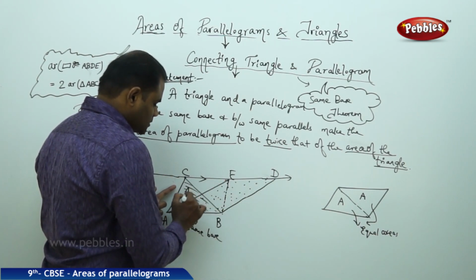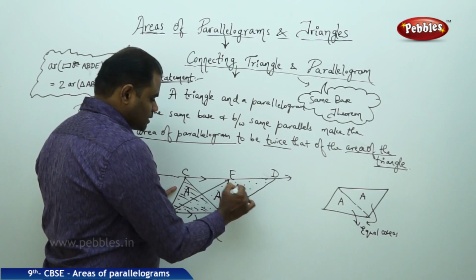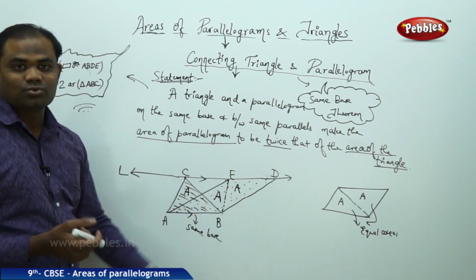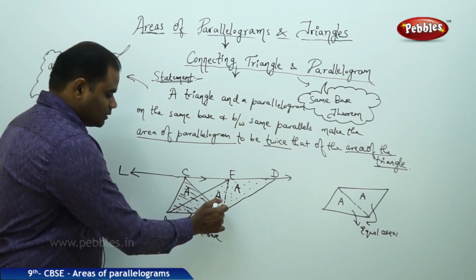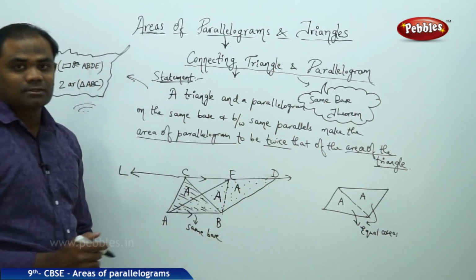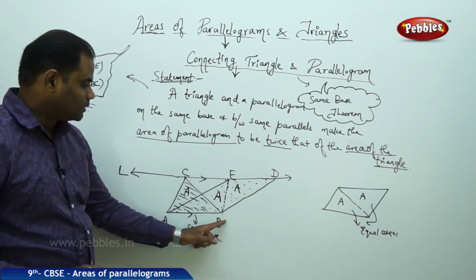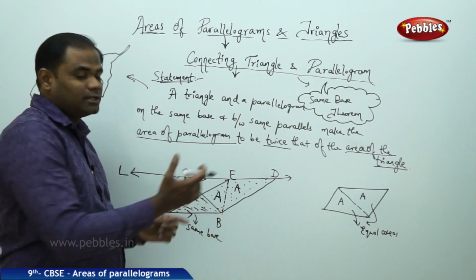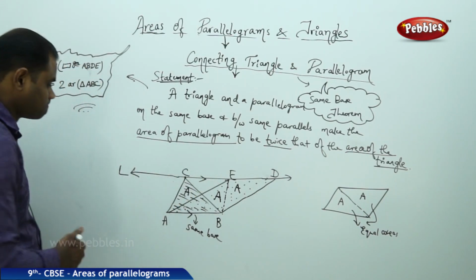So if each area is A, then A plus A is 2A. The area of the parallelogram is twice the area of the triangle, since each of the areas is equal.